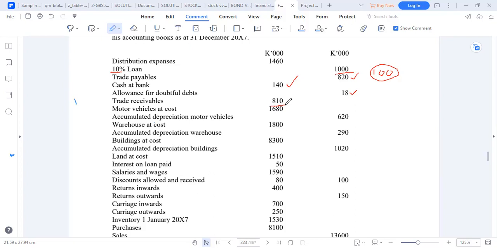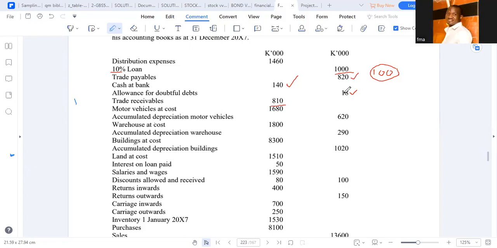And how many people have not paid? 18 have not paid. So meaning there's a reduction. Instead of 81, 18. So that reduction, we add it to the what? To the other income. But in the case where we had 100 as an allowance for doubtful debts, there would be an increase in provision. So instead of 81, we have 100. We'd have gone up by 19 kwacha. So that 19 kwacha is called an expense. It's called an increase in the doubtful debts.